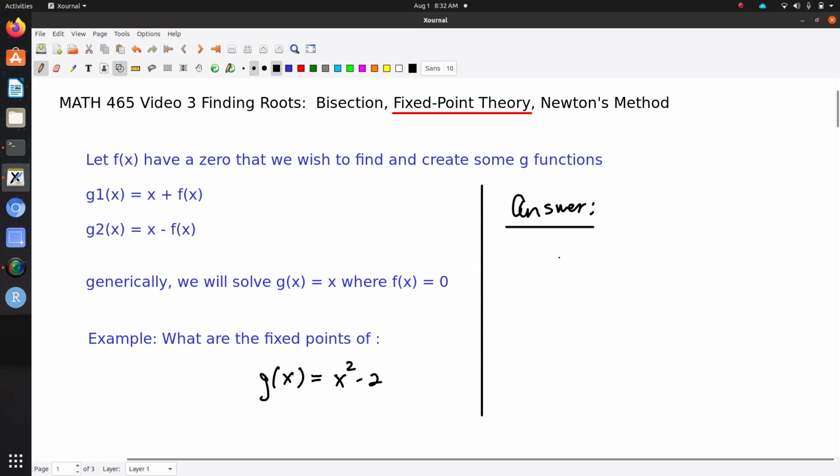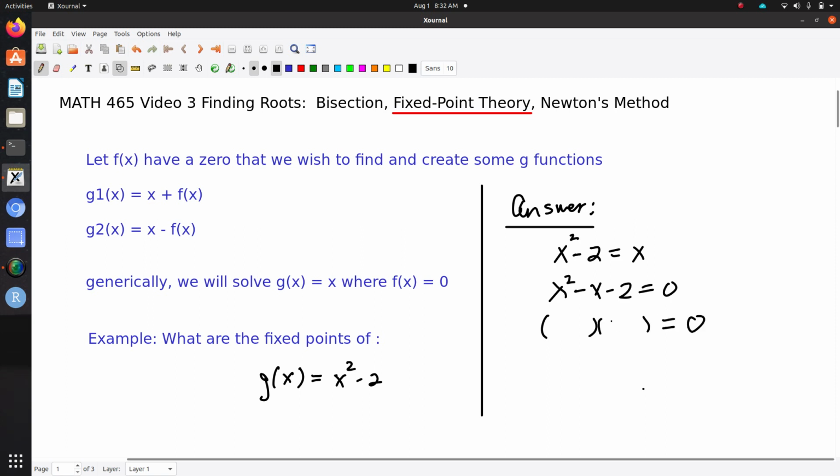If I have x squared minus 2 equals x, so instead of saying something equals 0 and solving for x, we're going to just say something equals x. But as you know, we're still in the world of algebra. So I'm going to go ahead and set this equal to 0 so that I can actually solve.